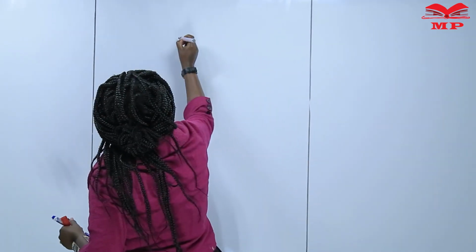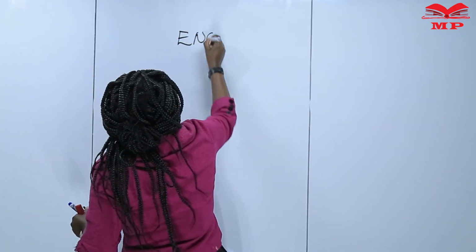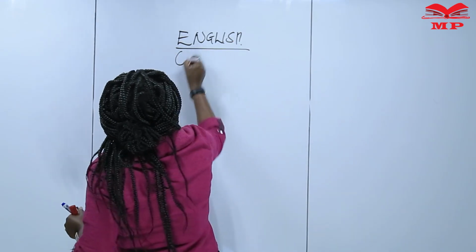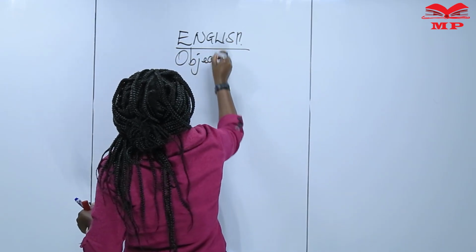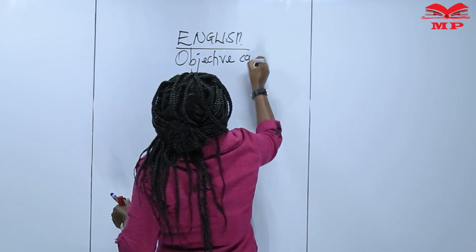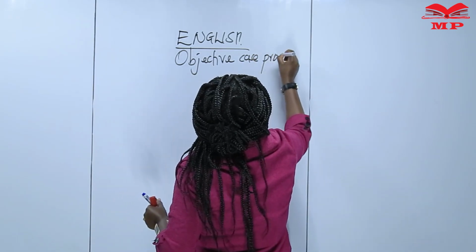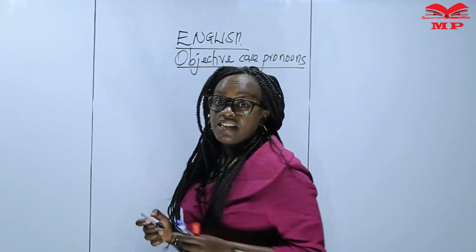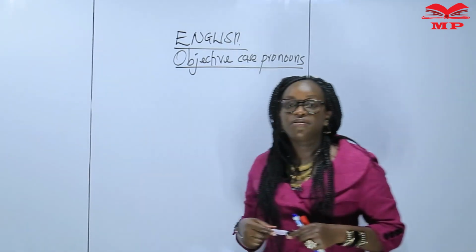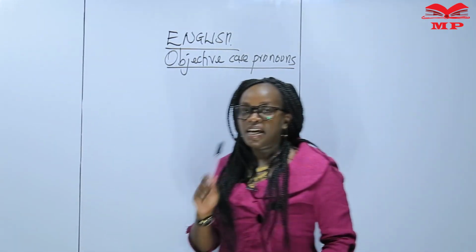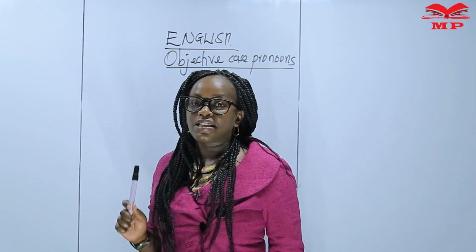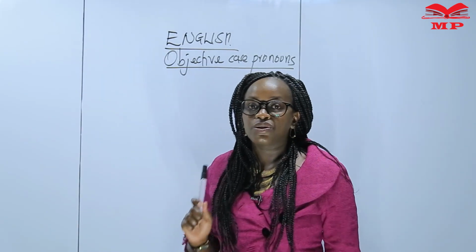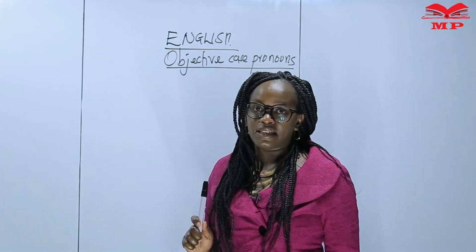So we'll do a brief recap of what exactly we said in regards to the subjective pronouns. Just as the name suggests, subjective case pronouns are the pronouns that are used to replace the nouns that are used as subjects in sentences.